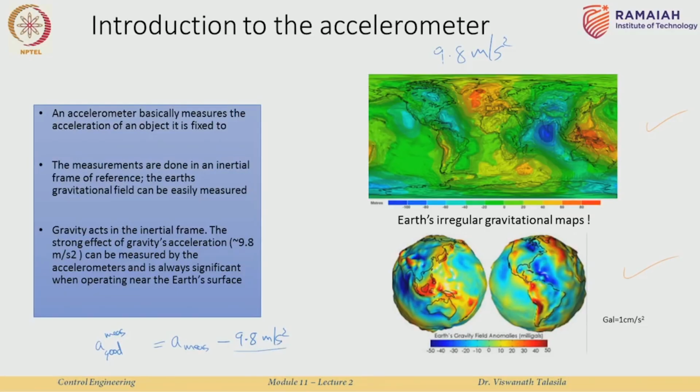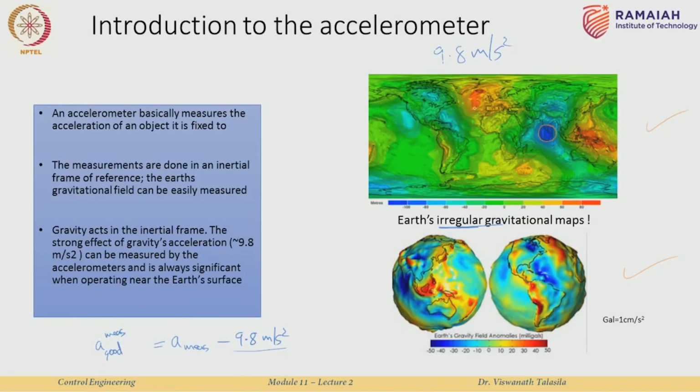The problem with that is that Earth's gravitational field is irregular, and you can see this picture, and surprisingly, even I did not know this, it is very fascinating to see this. Relatively speaking, India has a fairly low gravitational field over here.